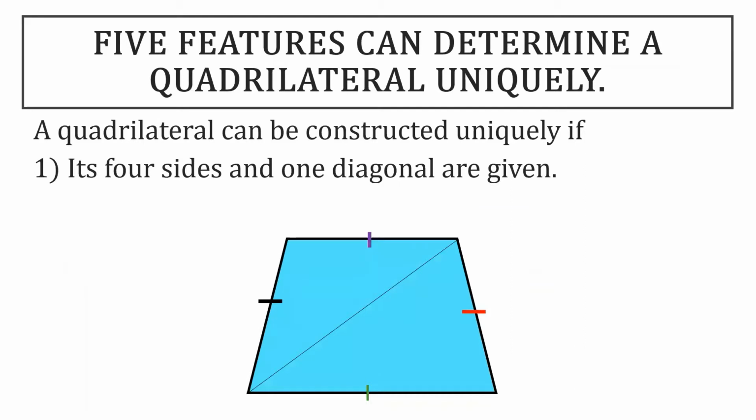5 features can determine a quadrilateral uniquely. Out of that, the first one is when its 4 sides and 1 diagonal are given.